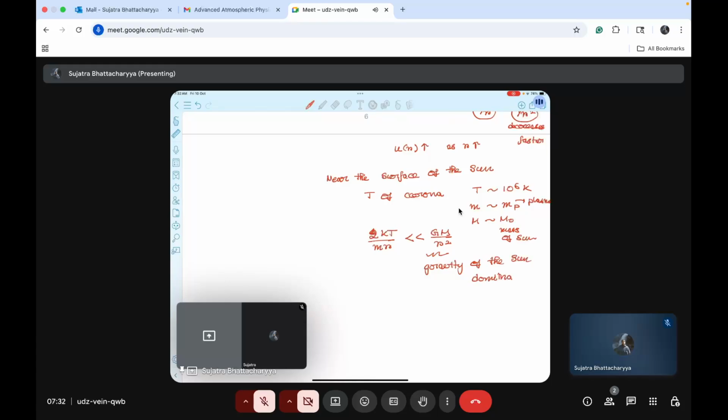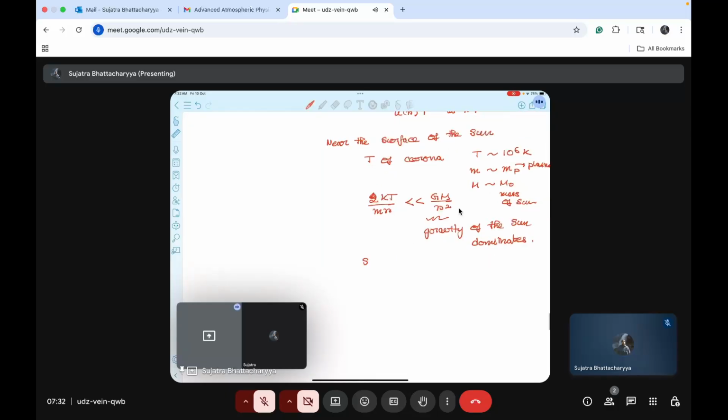This is one of the important things. It is showing that the sun's gravity is holding the corona, or the solar plasma, the winds.